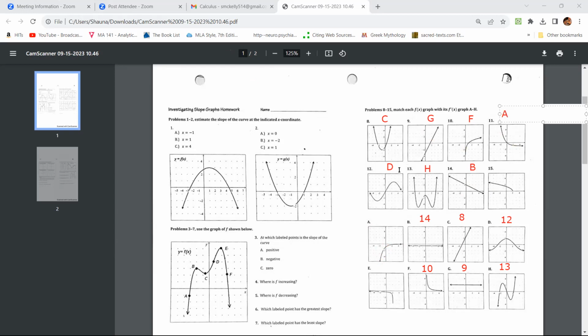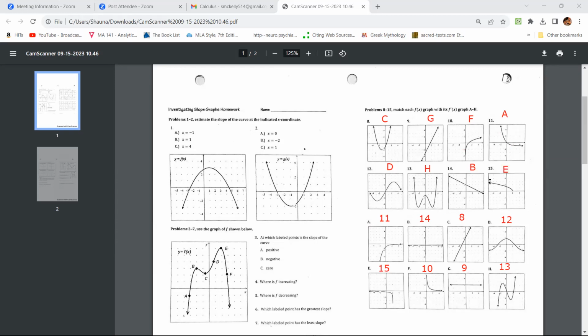Okay. And that leaves E to match 15, which makes sense because look, E is only defined for values that are less than or equal to 2. Sorry, did you say something, Shauna?